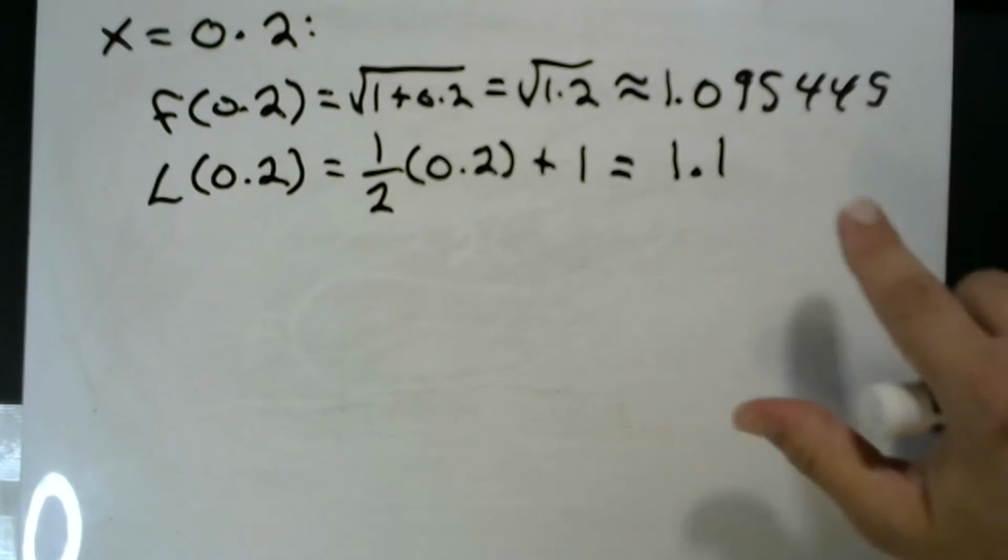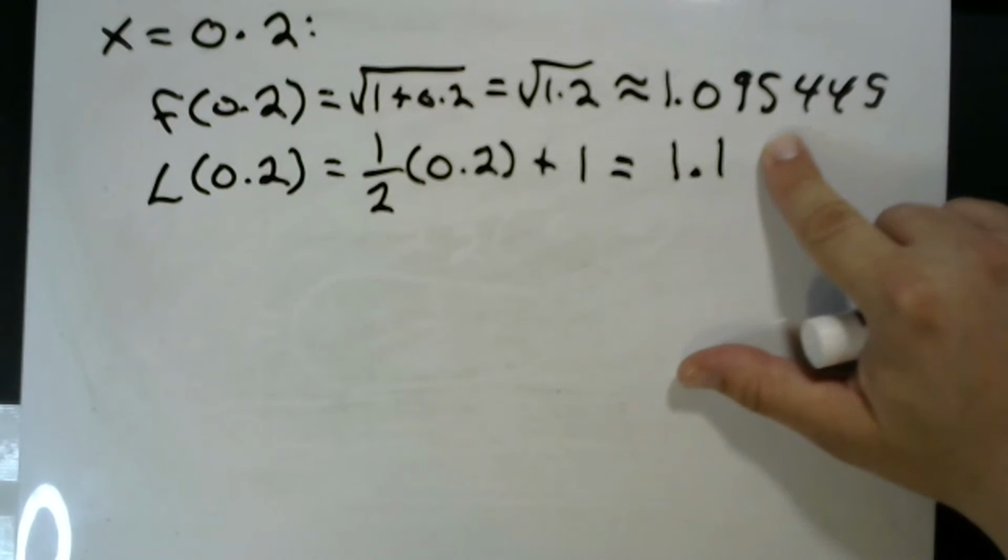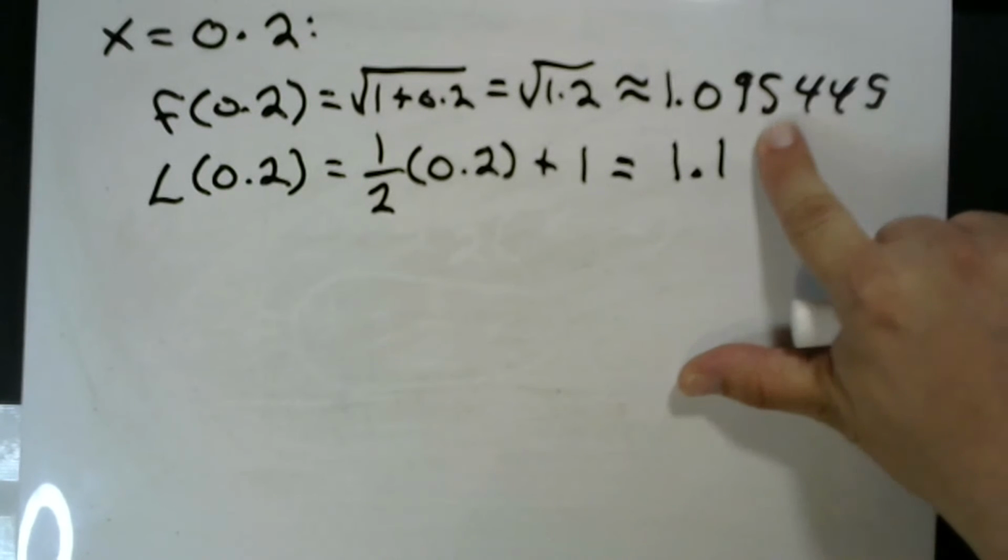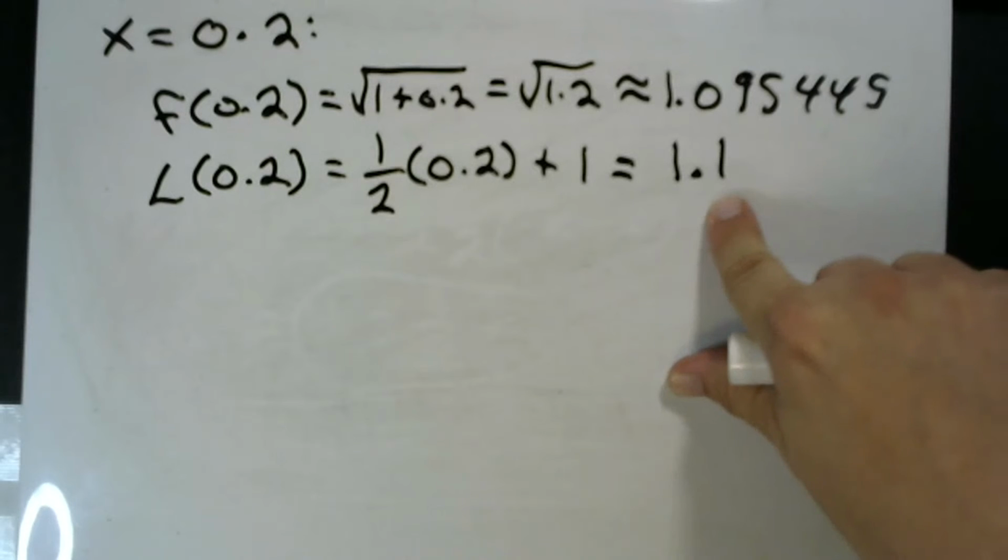0.95445. Apologize for that. So this is our true value. This is our approximation.